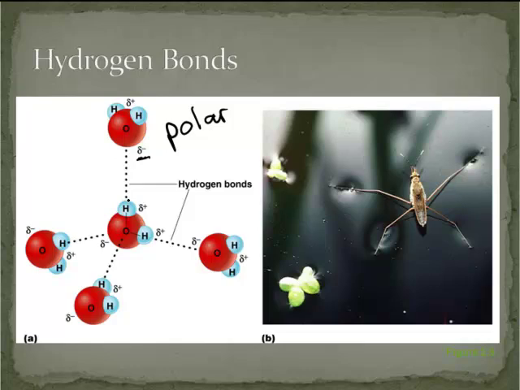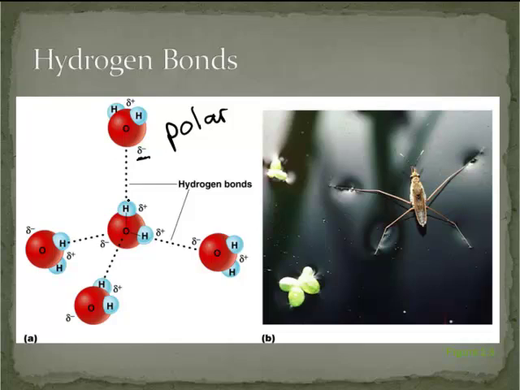They have this attraction. So on the top of the surface of the water, we get this film, this surface tension, we call this. It's not really a film, but it's called the surface tension, formed by those hydrogen bonds. And if you're small enough or you have enough surface area, like this bug here, this insect, then you can walk on that surface tension.